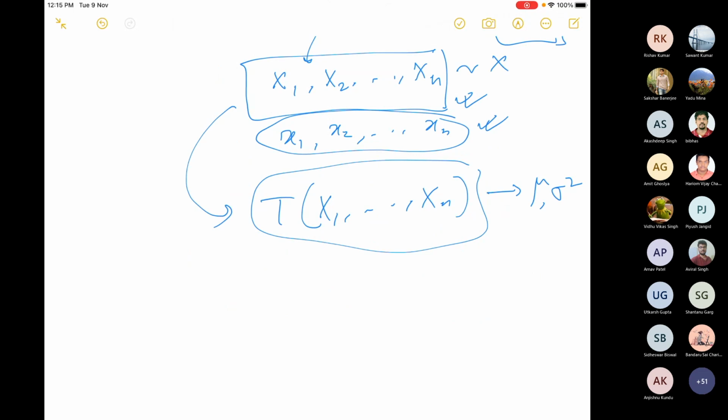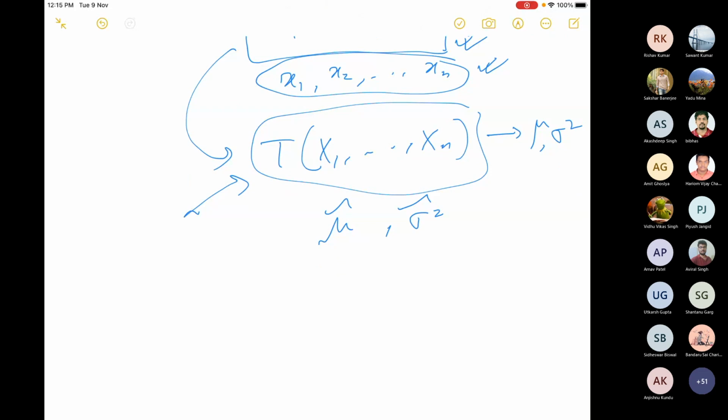The statistic which acts as an estimator for mu we denote as mu hat, or for sigma square, sigma square hat.